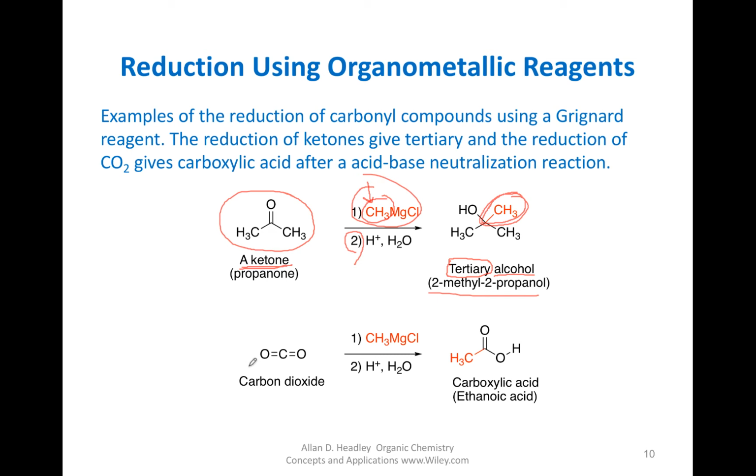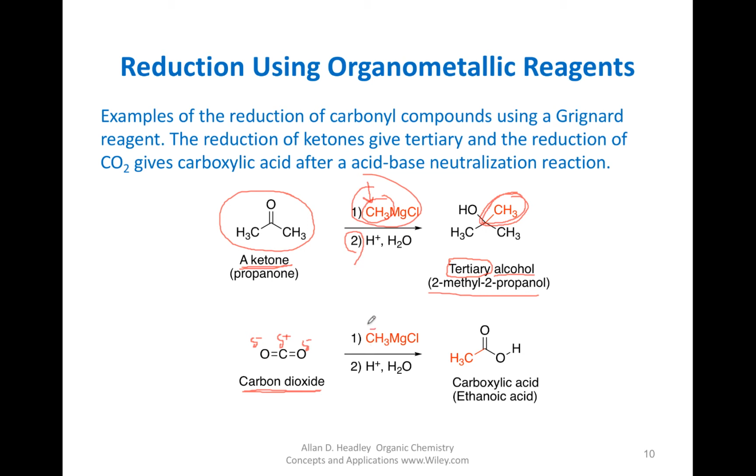And the last example here is the reaction with carbon dioxide, a specific molecule again. As you can imagine, this is partial positive and this is partial negative. Likewise over here, partial negative.